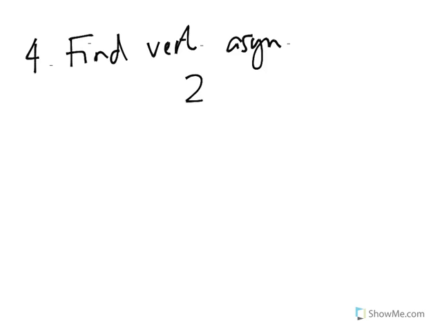The fourth step is find any vertical asymptotes by solving the equation q of x equals 0. And once again, the problem is 2x squared over x squared minus 9.